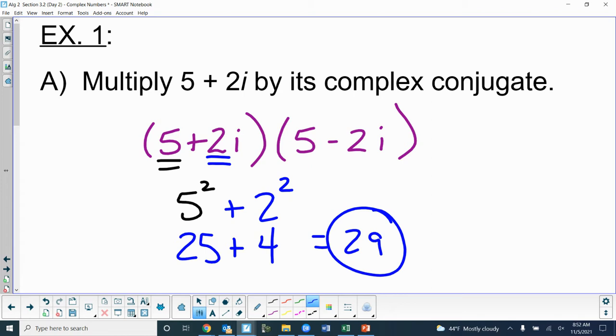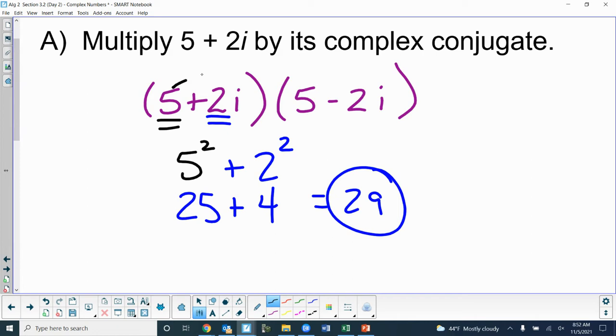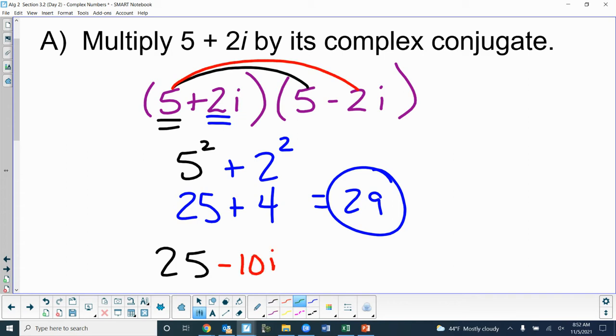Nolan, you look confused. I just like cancel themselves out. Yes. Oh, okay. If I FOIL it, I'll go through it. 5 times 5 is the 25. 5 times -2i is -10i. 2i times 5 is a positive 10i.